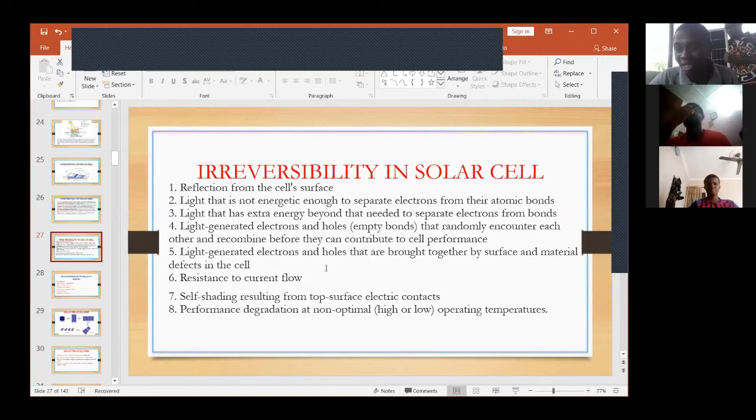At this junction, I need to tell you, don't be deceived. Solar cells are not the best energy conversion system in the world. They are not, and they cannot be for now. They have a lot of losses. In short, they are not efficient. So just follow me as I do the math. Let's do the math together.